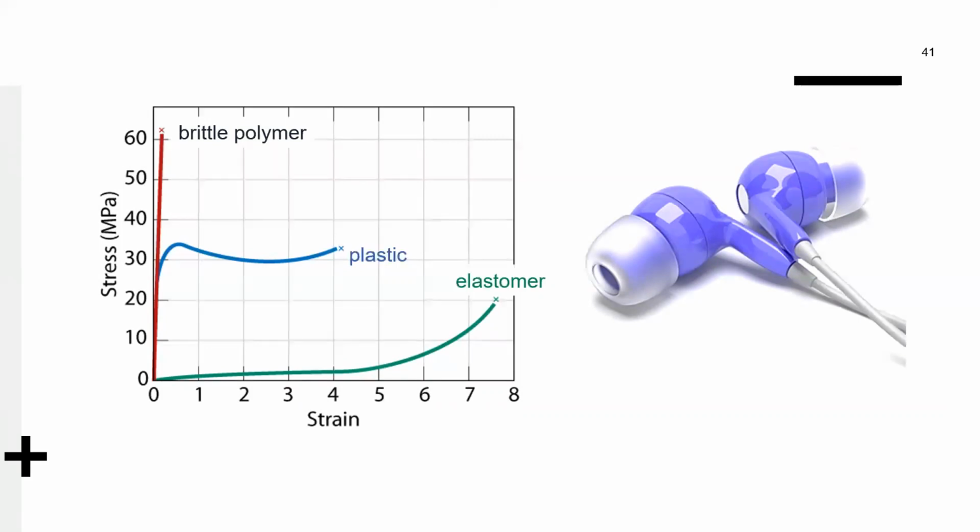You can see that the brittle polymers do not experience that sort of extended elongation period that plastic polymers or the elastomers have, and they actually go through this slope of increased stress until they reach the point of failure.